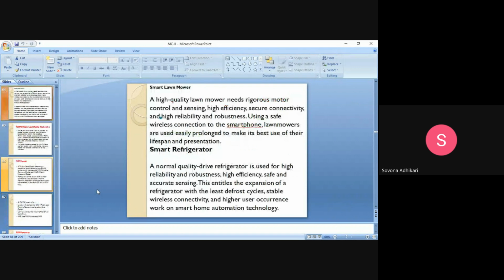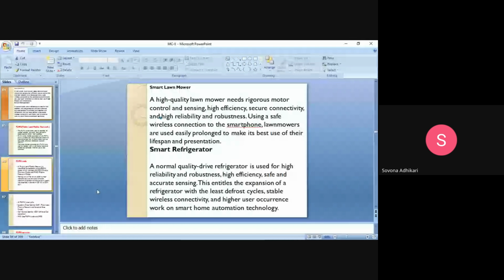Let us take some examples. What are the smart home appliances? First is the smart lawn mower. You may have seen this lawn mower. A high quality lawn mower needs rigorous motor control and sensing, high efficiency, secure connectivity, and high reliability and robustness.